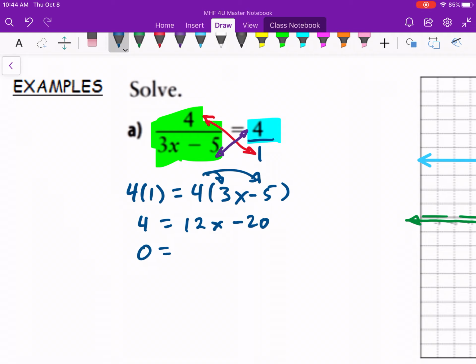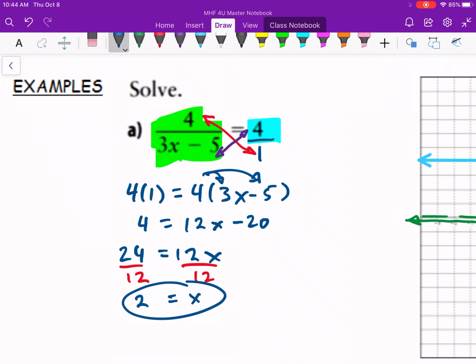Actually, I don't want to bring the 4 over to the other side. I was thinking about rearranging for graphing, but that's not the way we normally do it. I'll bring the 20 over to the left side, and so then I would have 24 equals 12x. And then I would divide each side by 12, and I'd end up with x equals 2.